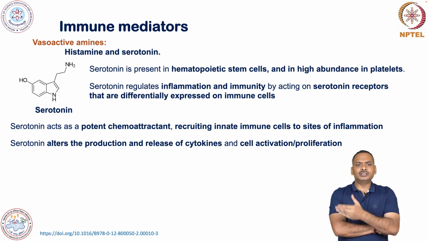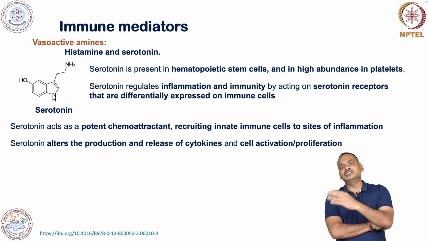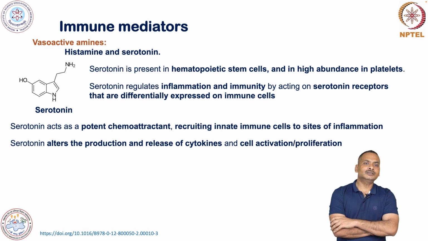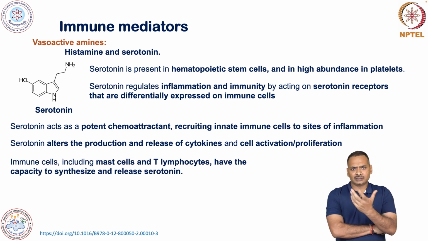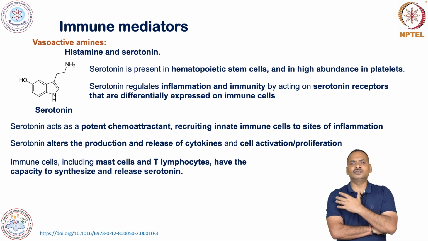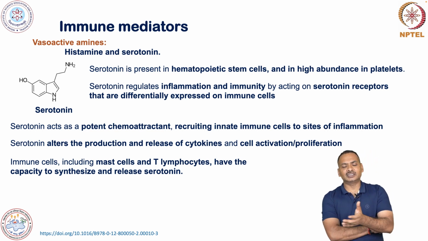Serotonin alters the production and release of cytokines. So, this small molecule can alter the production of cytokines, and hence it can alter cell activation and cell proliferation. Serotonin is produced by immune cells including mast cells and T lymphocytes, which have the capacity to synthesize and release these serotonin molecules.